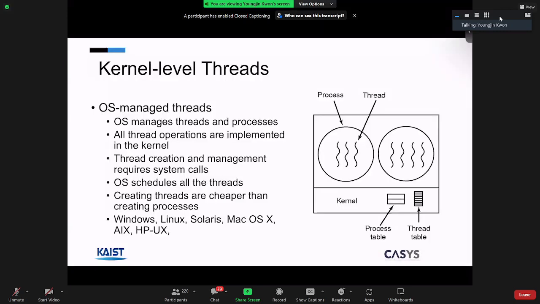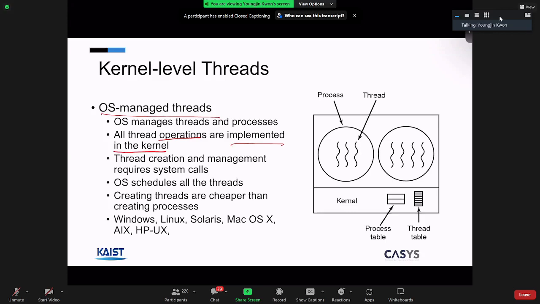So let's take a look at kernel level thread implementation. The first implementation design is kernel level, where the operating system manages threads. Manage means that all thread operations, create, exit, join, cancellation, are implemented in the kernel.